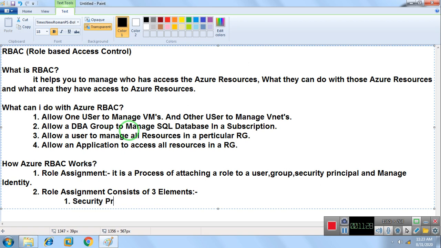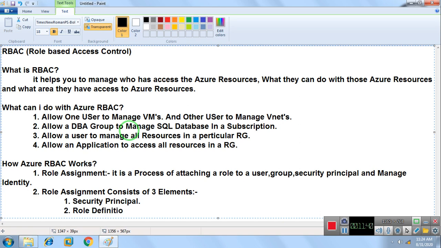Number one is the security principal. Number two is the role definition, and number three is the scope.